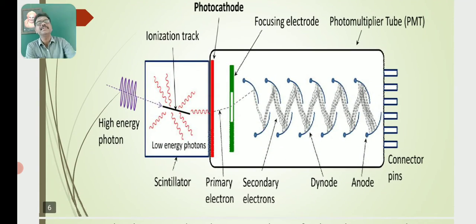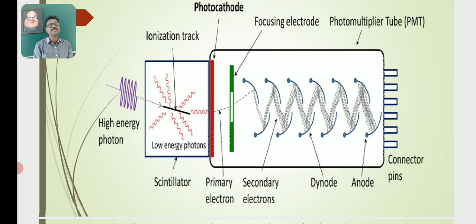So just to see that. Scintillator: when a high energy ionizing track, if suppose the ionizing particles are made to pass through the scintillator, then the photons are liberated.